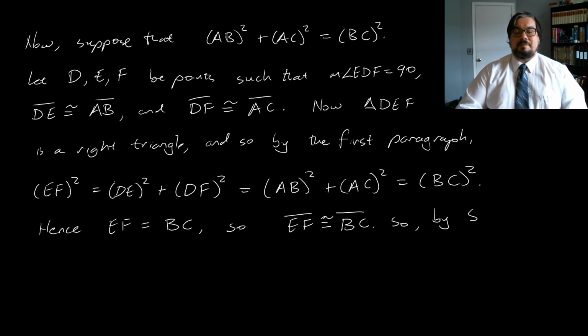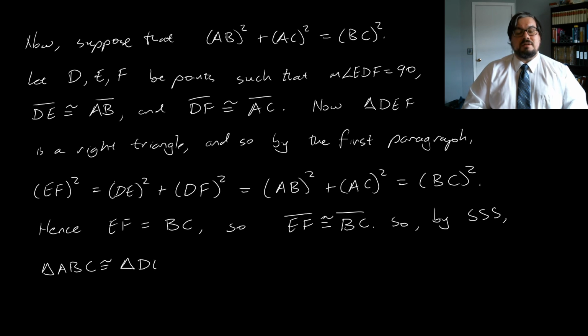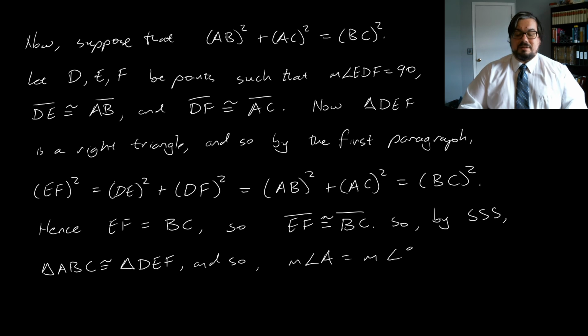So this means that by side-side-side, the triangle ABC is congruent to the triangle DEF. And so in particular, the measure of angle A is equal to the measure of angle D, which is 90. So this means that triangle ABC is a right triangle.